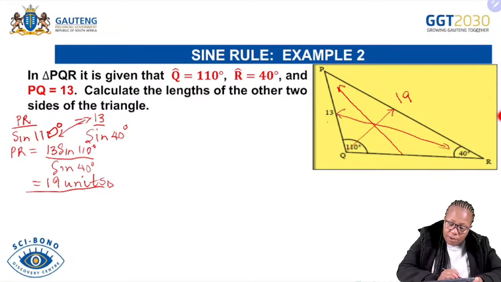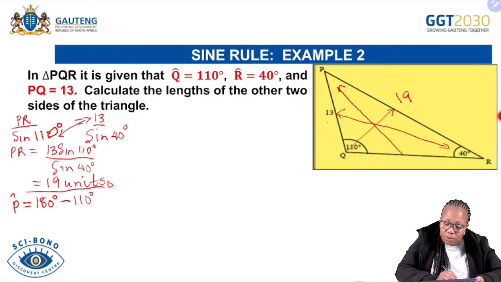To find the value of angle P, we are taking the sum of angles of a triangle, which is 180 degrees. Then we subtract the available angles, which is 110 out. Subtract 40 out. Where does it come from? Sum of angles of a triangle.